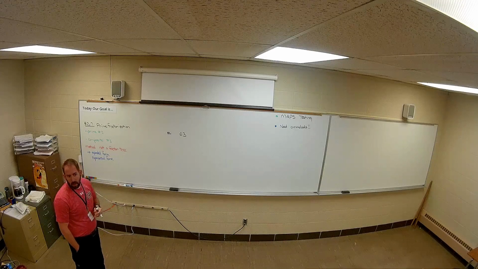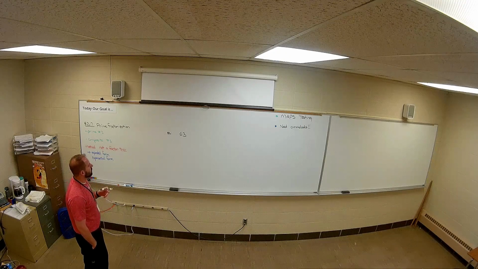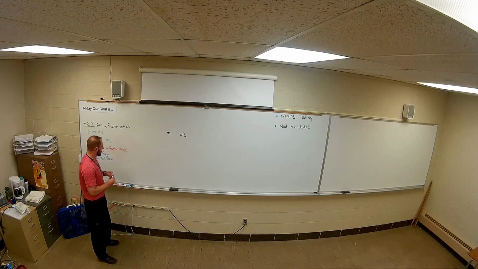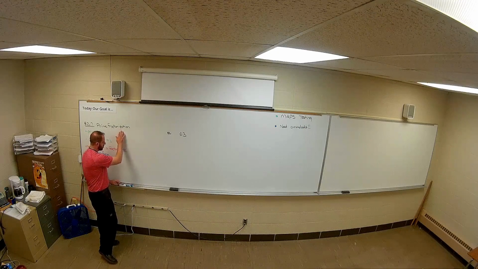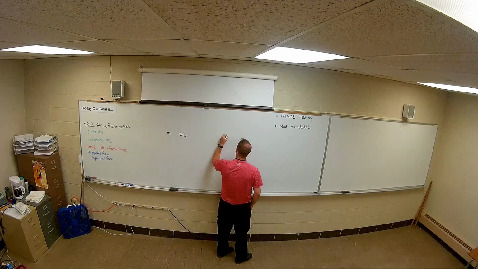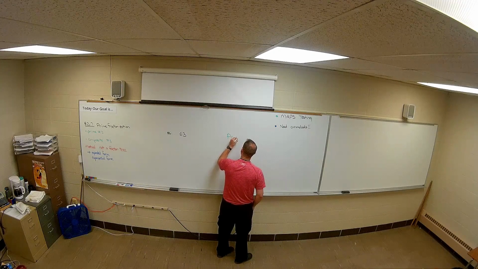Yeah, that'll work. Okay. Now, for the number 63, the first check that we do when we're doing prime factorization, this method, is we have to use the prime numbers. Maybe I should write down the prime numbers first.